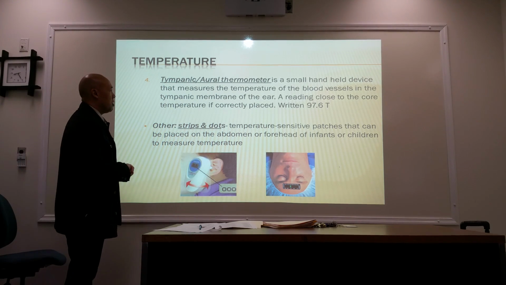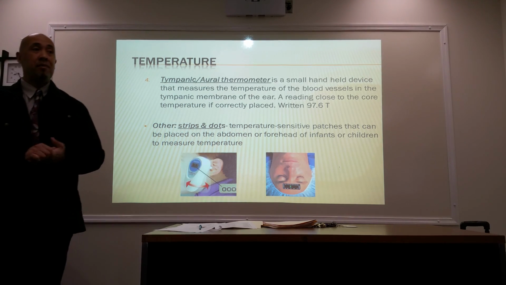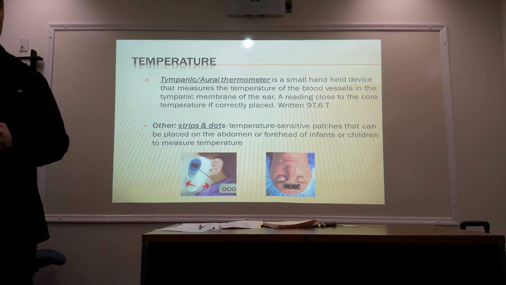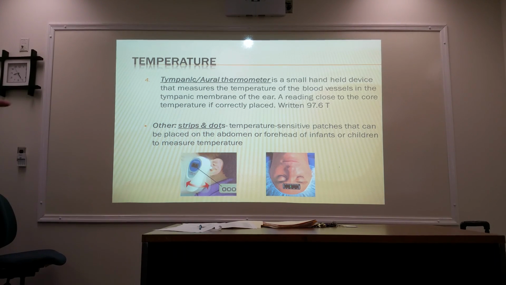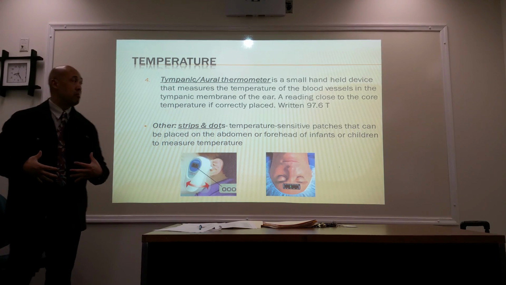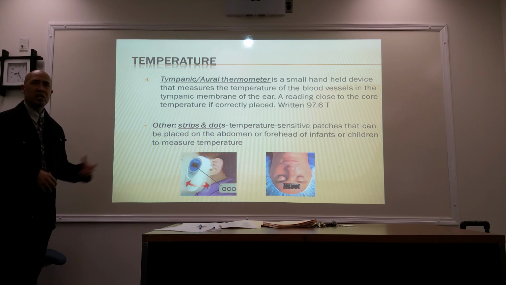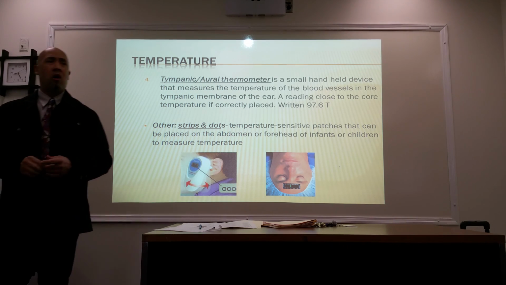It is written as 97.6 T, for example, T for tympanic. And then they also have different types of thermometers, usually in the form of dots or strips, that can be placed on the forehead, on the chest, on the abdomen. They're usually used in surgery, in the OR.